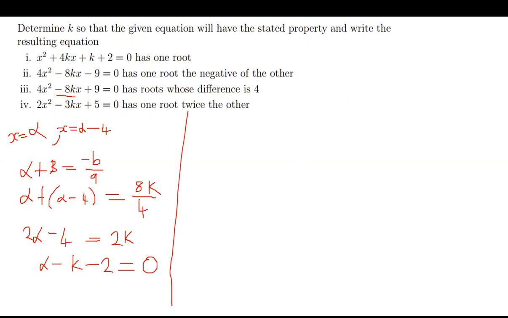Okay, so now having found alpha plus beta, let us find now alpha beta. So alpha beta is just equal to c over a. So alpha there, you write it like that. Our beta in this case is alpha minus 4, so where there's beta, we'll put alpha minus 4.